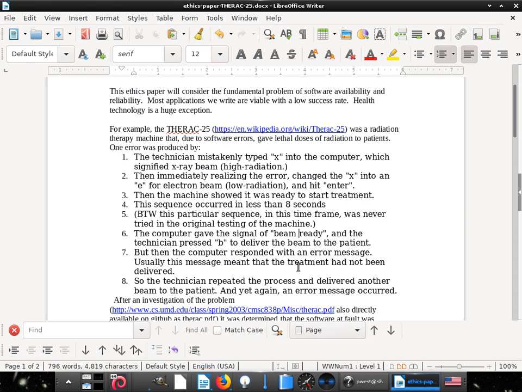The computer gave the signal beam ready, and the technician pressed B to deliver the beam, but the computer responded with an error message. Usually this message meant that the treatment had not been delivered, so the technician repeated the process and delivered another beam to the patient, and yet again the error message occurred, until eventually it was able to stop giving radiation to the patient.